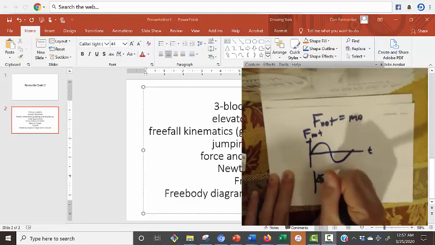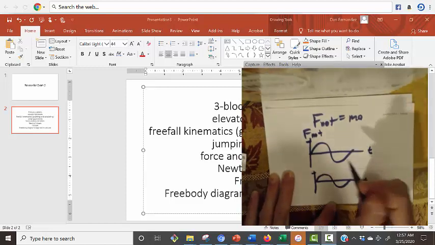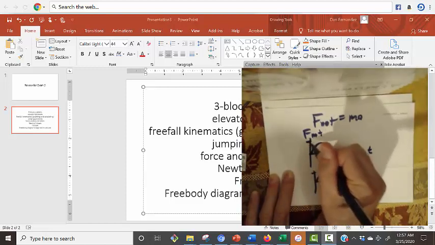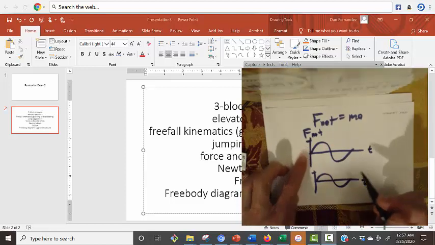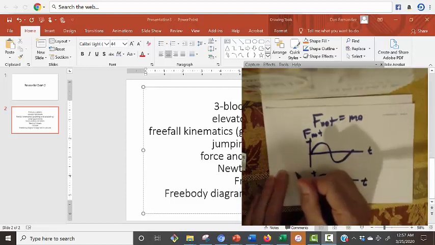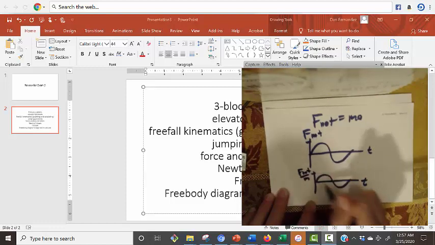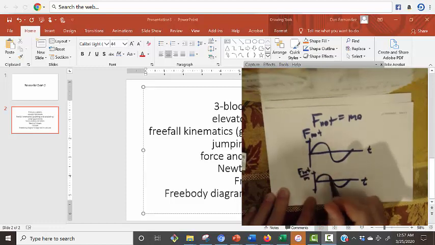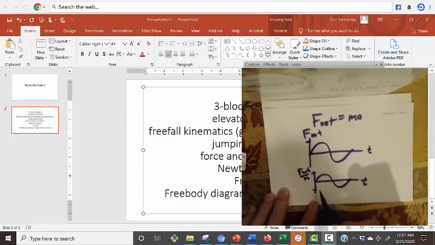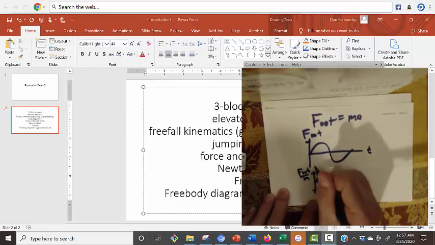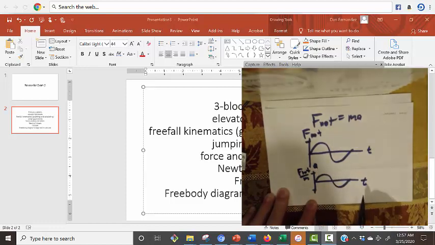The difference being that whatever the value of force was here, the acceleration would be that force divided by the mass at any time. That's the corresponding value of what the acceleration would be if this were acceleration versus time.